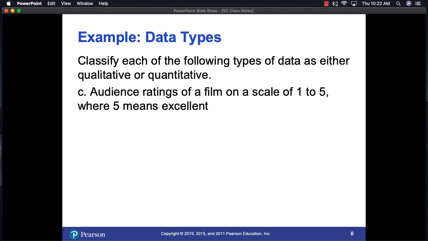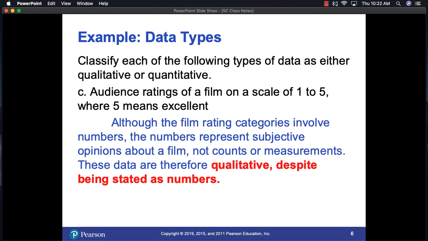So what about the audience ratings of a film on a scale of 1 to 5, where 5 means excellent? Now you might think to yourself, well, this is going to be quantitative because we're talking about numbers. But actually, this is going to be qualitative because, yes, we are using numbers 1 to 5, but these numbers are based on subjective opinions about a film. So these are actually not measurements.